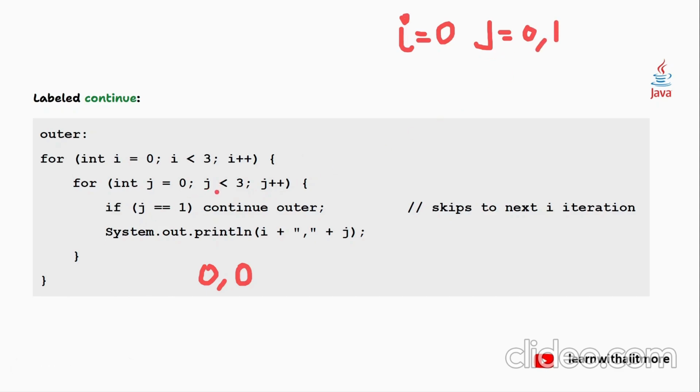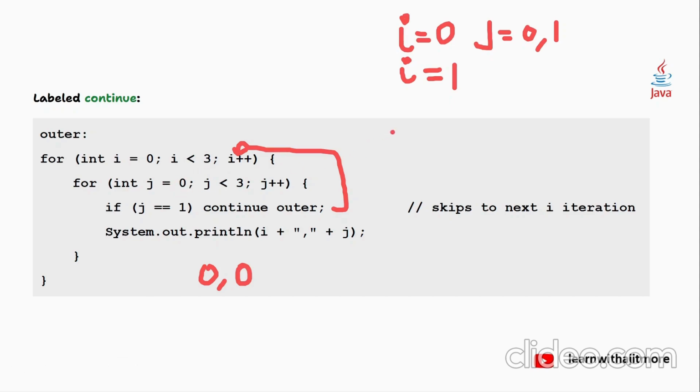Now j is 1, and 1 is less than 3. Yes, come inside. But is 1 equal to 1? Yes, continue outer. Directly come to the next iteration. Directly what will it become? i equal to 1. Then is 1 less than 3?